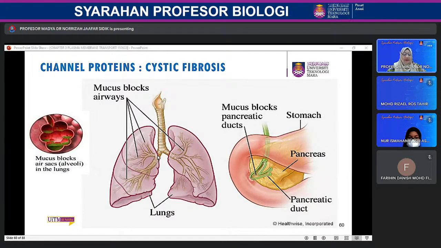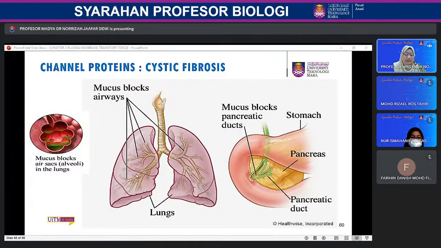This will affect the natural defensive proteins that kill the bacteria in the lungs.